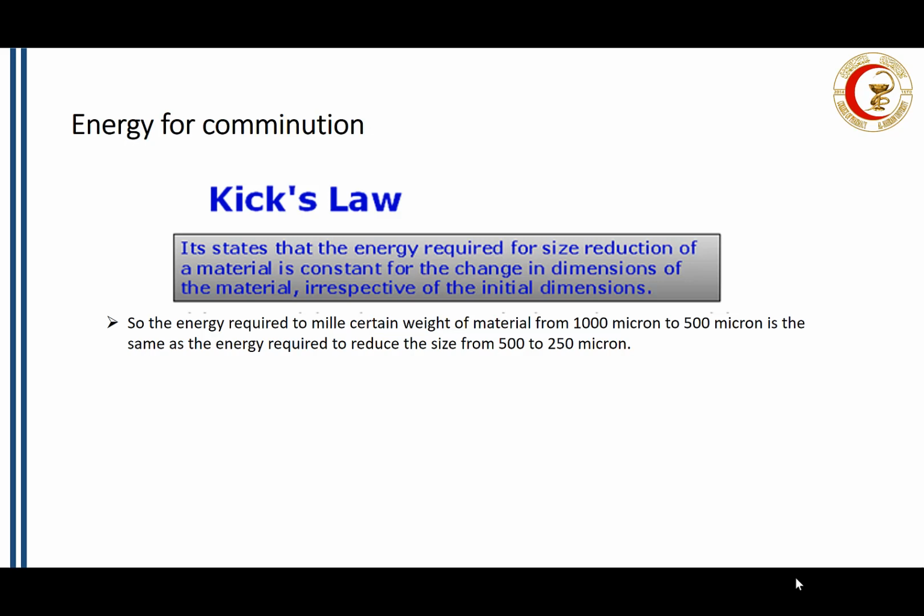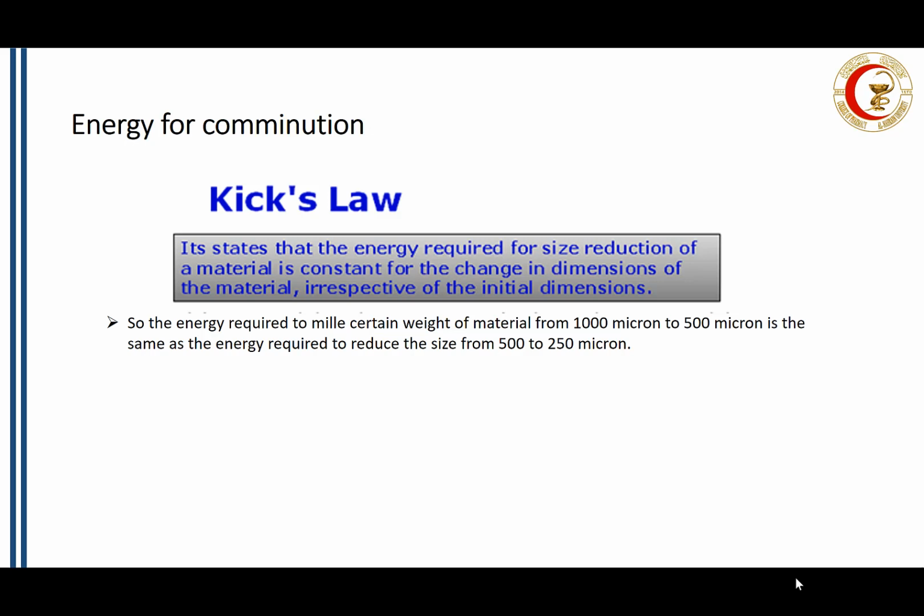One of the laws explaining this is Kick's law. Kick's law states that the energy required for size reduction of material is constant for the change in the dimension of material, irrespective of the initial dimension.